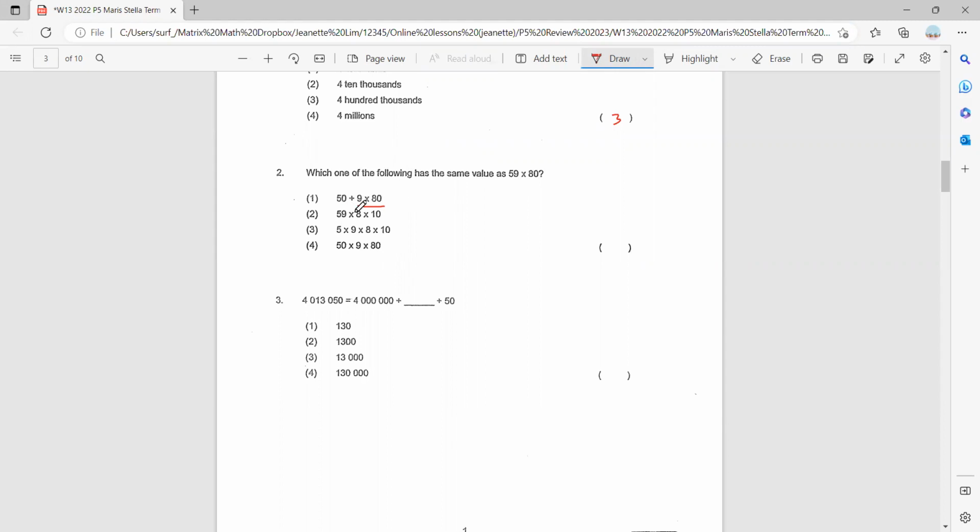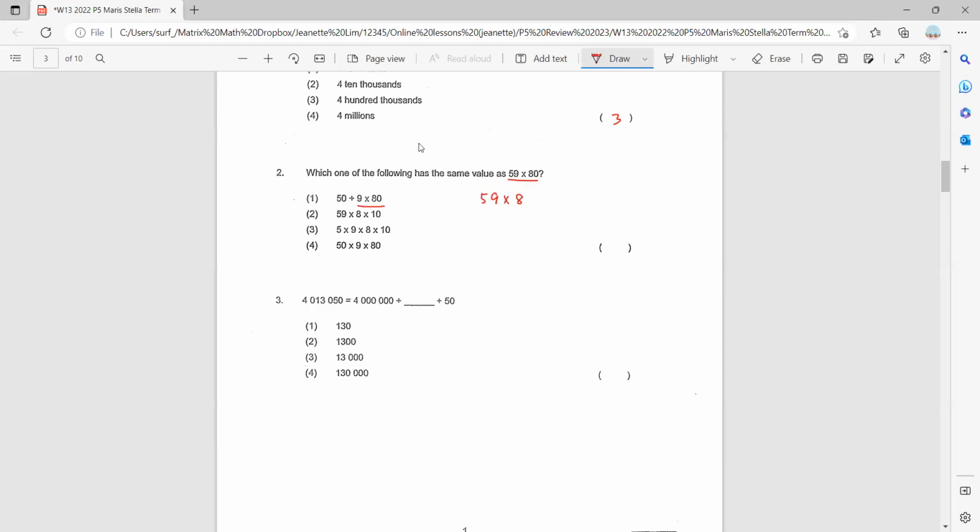Then the next one, 59 times 80, if they are all times, I can say that this is 59 times, then I can actually choose to do this 80 as 8 times 10 first. So basically 59 times 80 means that I take 59, I can times 8 first, then I times 10. So it's actually the same.